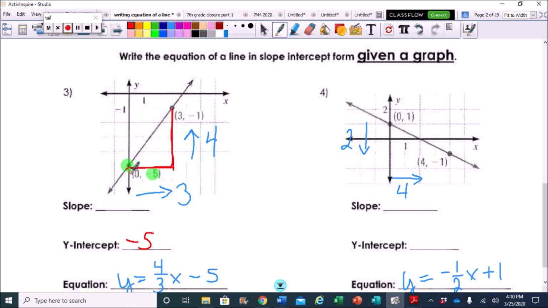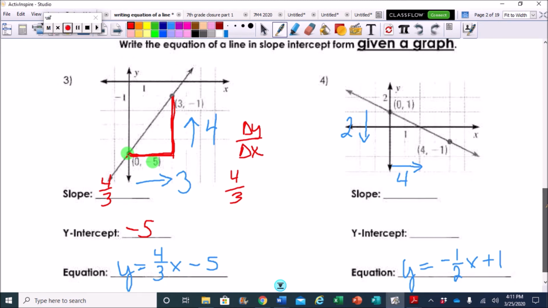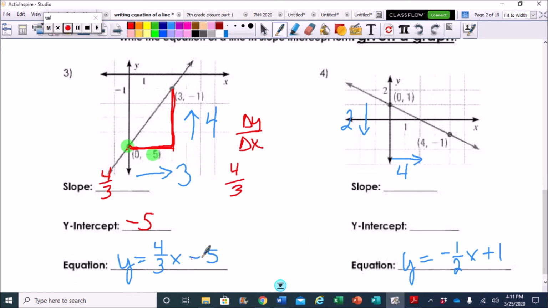So again, it was right 3, up 4. So my slope is delta y over delta x, which is 4/3. And we're going to leave it as a fraction like that. So my equation for this line is y equals 4/3 x minus 5.